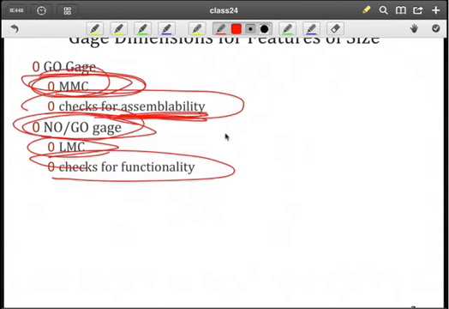So again, the go gauge, if the part is good, the MMC gauge will insert into that feature, assuming again it's an internal feature. And the no-go gauge will not insert, meaning that we're between MMC and LMC. Of course, the disadvantage, as we see already with the hard gauging, is we don't know the actual dimension. We only know that it is within tolerances.